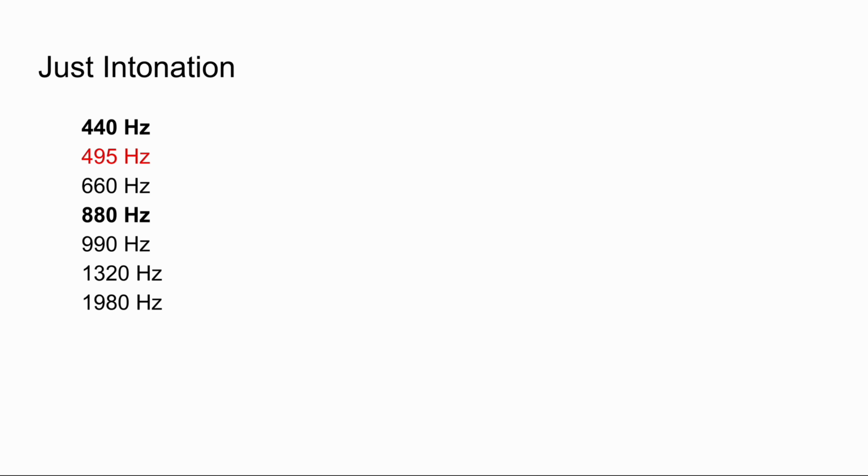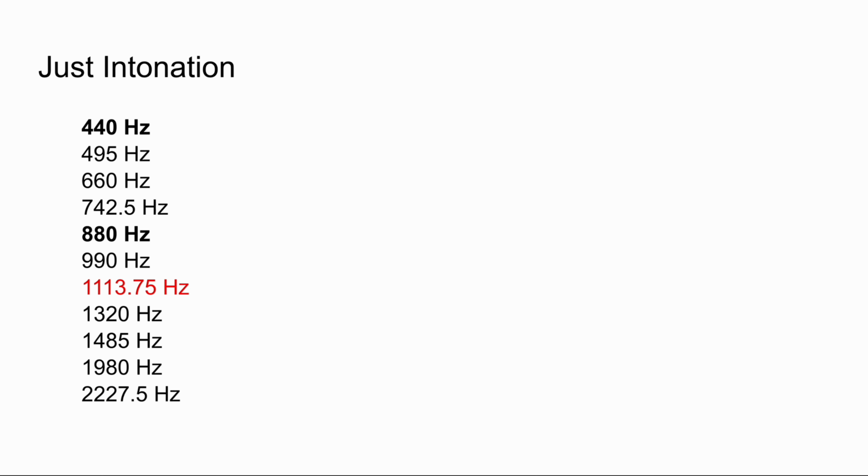Now we'll multiply by 3 to get 1485 Hz. Dividing by 2 gives us 742.5 Hz. Now multiplying by 3 yields 2227.5 Hz. So we divide by 2, giving us 1113.75 Hz.